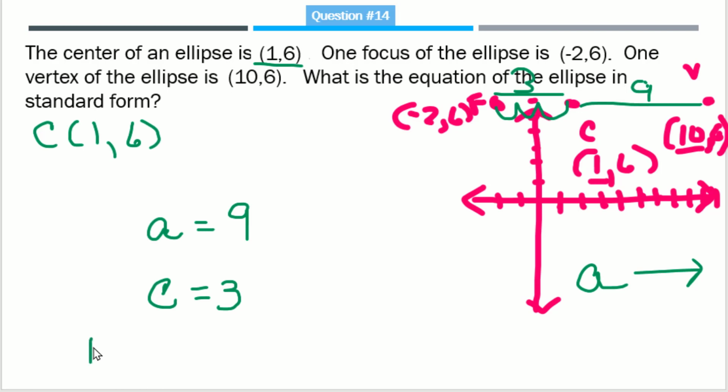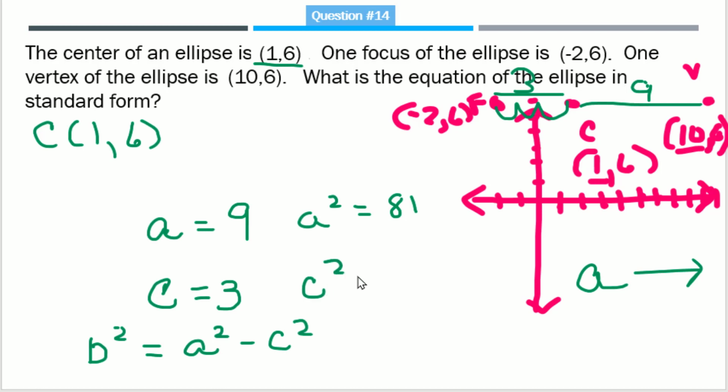All right, B squared is equal to A squared minus C squared. So A squared is 9 times 9, which is 81. C squared is equal to 3 times 3, which is 9.